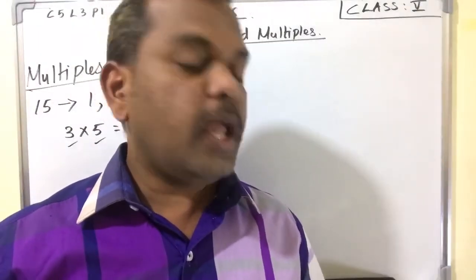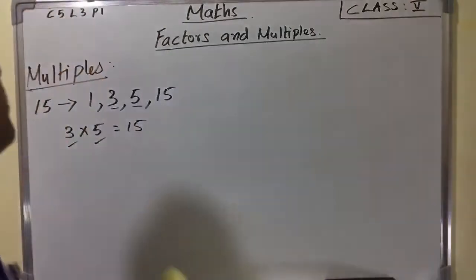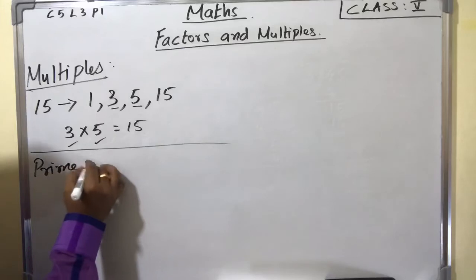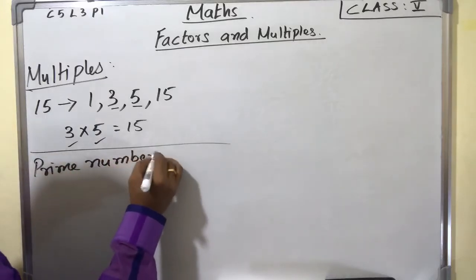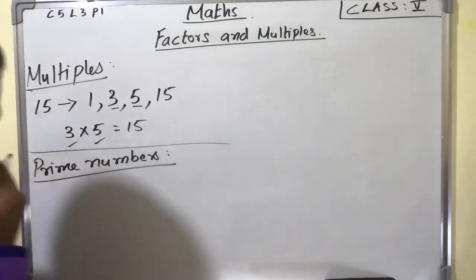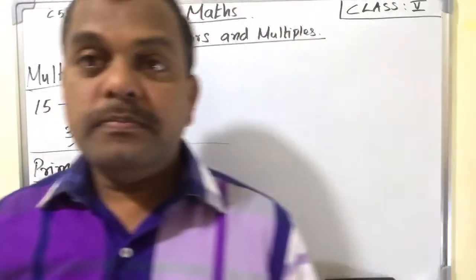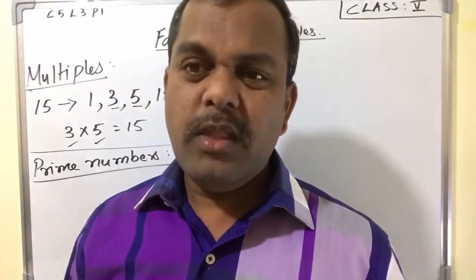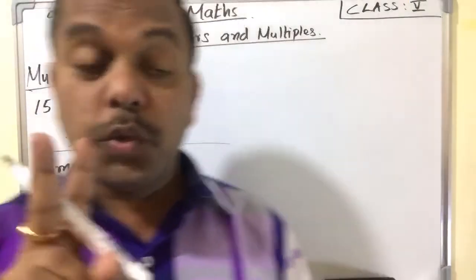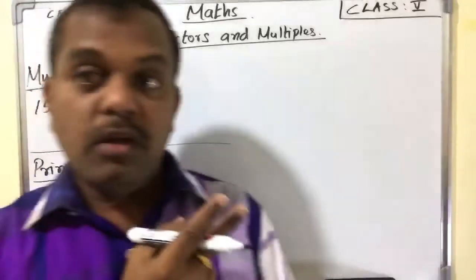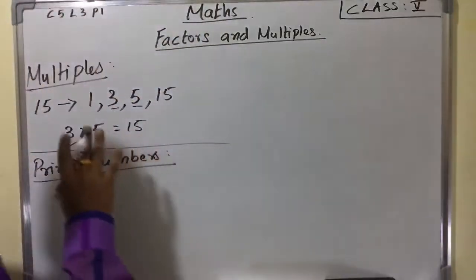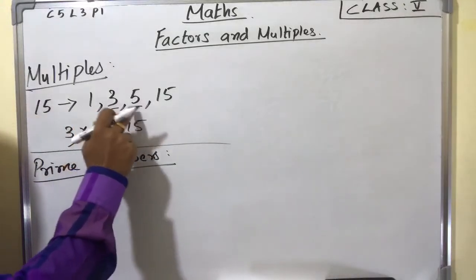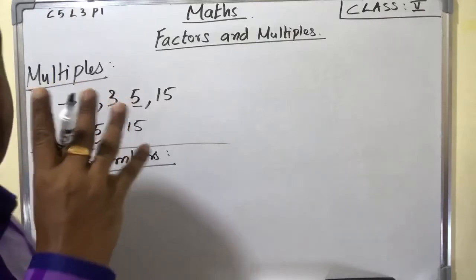Next one, prime numbers. What is a prime number? Prime numbers are numbers that have only two factors. Just take this: factors of 15 I wrote, 1, 3, 5, 15. 4 factors.